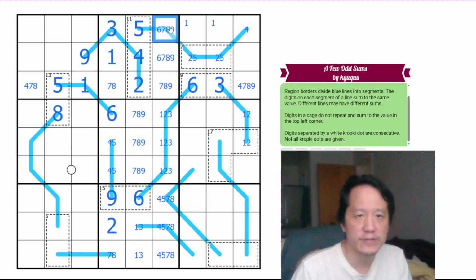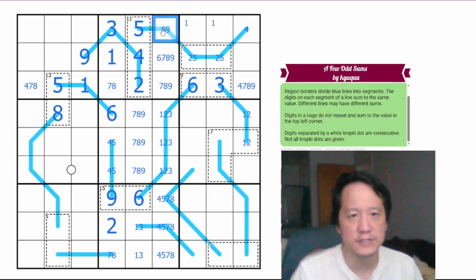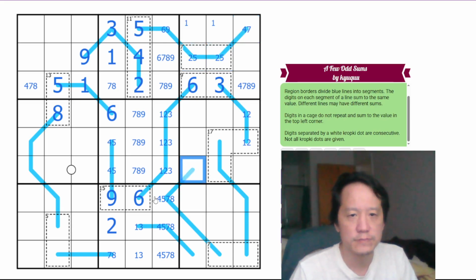If this is 5 and 7, that would mean this is 12, but then this would be 5, but we already have a 5 here, so this can't be 7. If this is 5 and 8, this would have to be 2, 5, and 6, but we already have a 6 in the box, so that doesn't work. If this is 9, 5 and 9, that's 14. This would be 2, 5, and this would be 7. So those are the possibilities here.